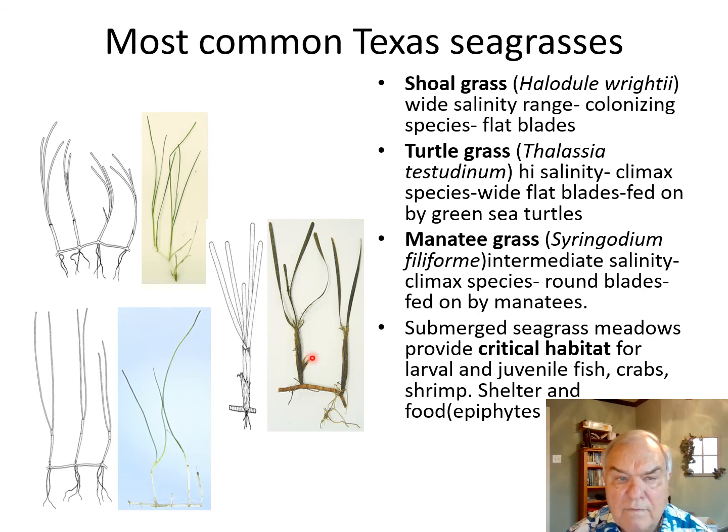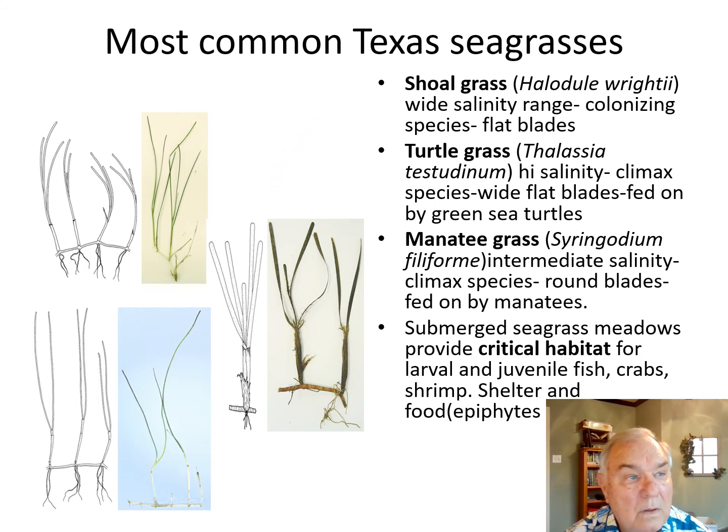Typically, you're going to find seagrasses on the Gulf side of the estuary, inside the barrier island, but typically not next to the land mass itself, just because the water clarity there is usually much better and allows sufficient light for these grasses to grow.